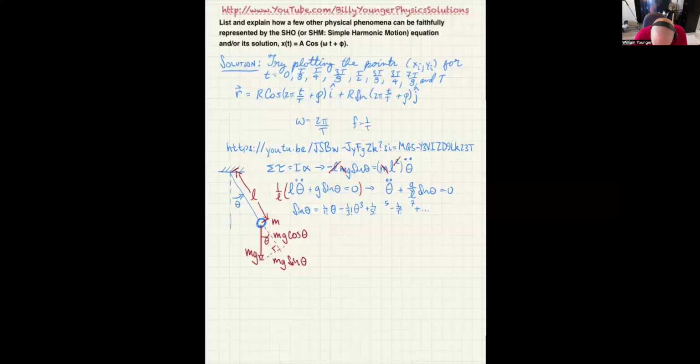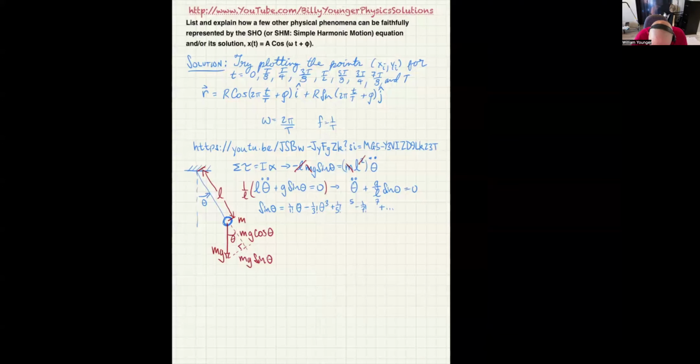But if you want more terms, then it's minus 1 over 3 factorial theta cubed plus 1 over 5 factorial theta to the fifth minus 1 over 7 factorial theta to the seventh. So I apologize for writing the x's there, but that's basically what the sine is.